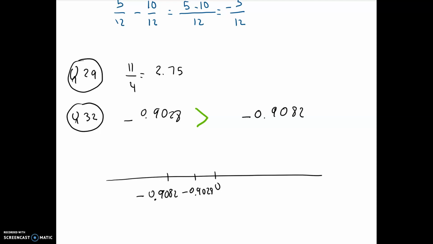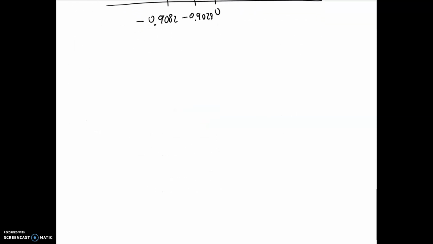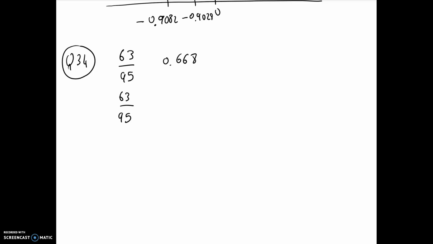That was problem number 32. Let's try to do problem number 34, as it is the same kind of problem. In this problem number 34, what do we have? We have 63 over 95, and we have 0.668. And 63 divided by 95 is equal to 0.663.